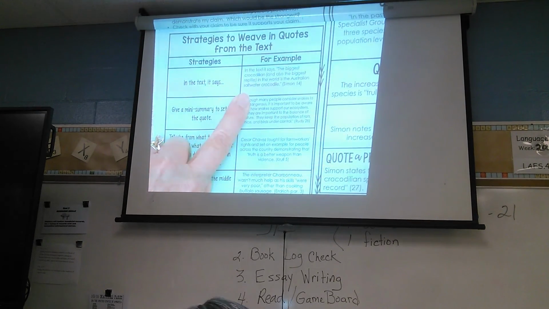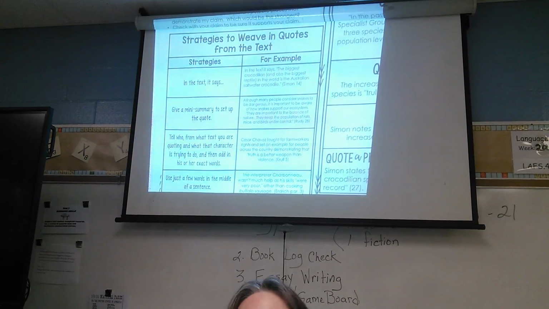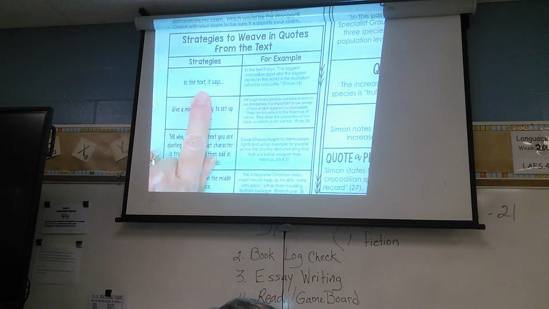One or the other of those ways, Riley, should be used. Okay? We need to be introducing the quote by giving it a little bit of a transition: in the text, in source 1, in the title of the article if you want to.